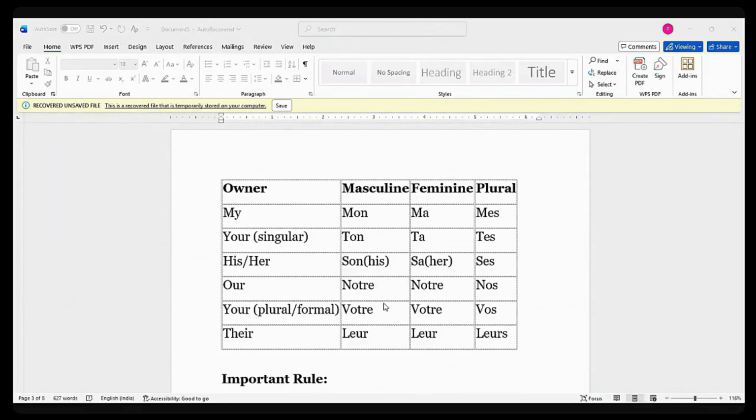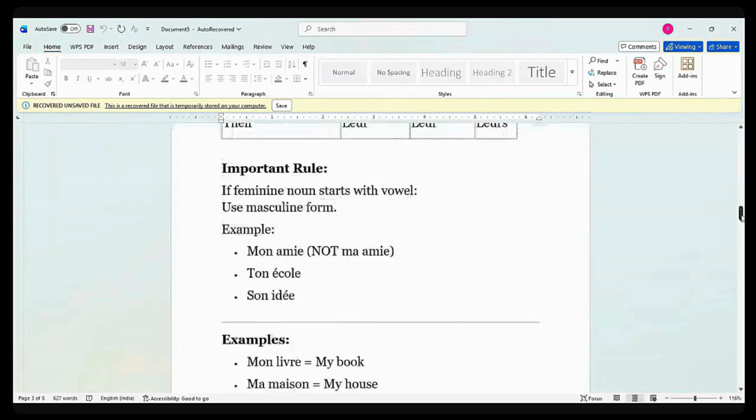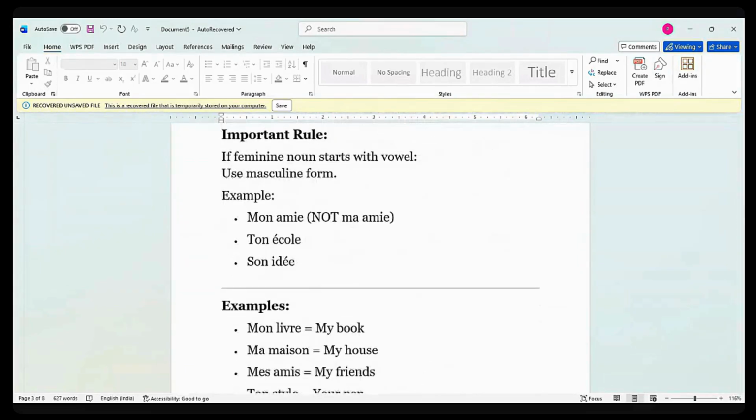Okay? Now, an important rule. Very important. If feminine nouns start with a vowel, listen, if feminine nouns start with a vowel, you use the masculine form here.